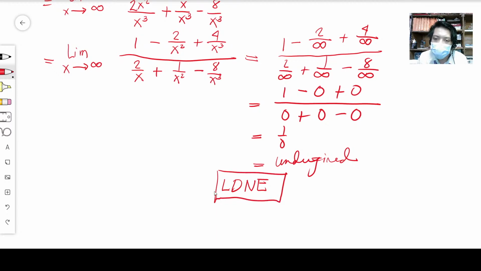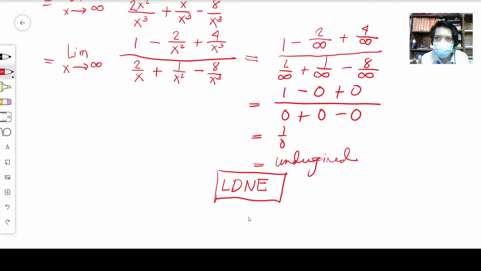Now, when you are dealing with this type of problem, when x approaches positive infinity or negative infinity, you cannot use the left-hand limit and the right-hand limit.